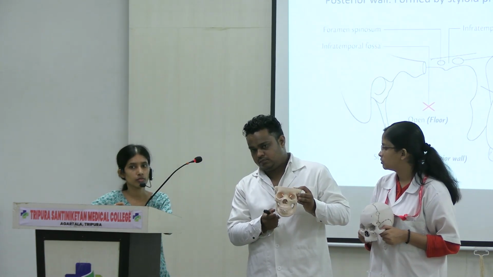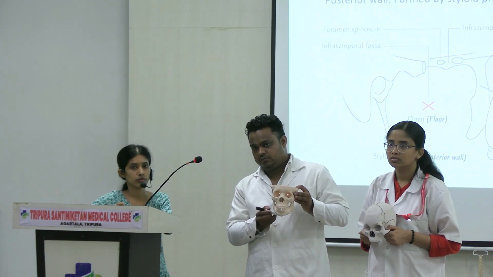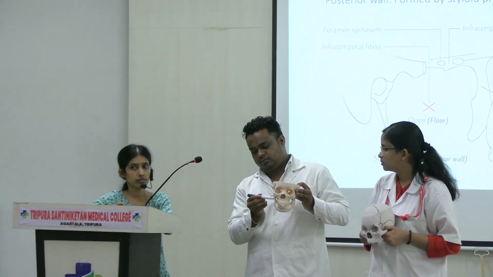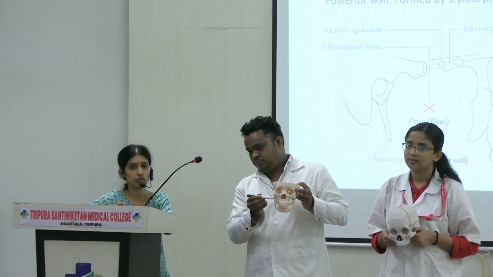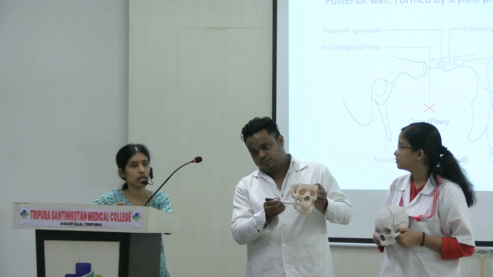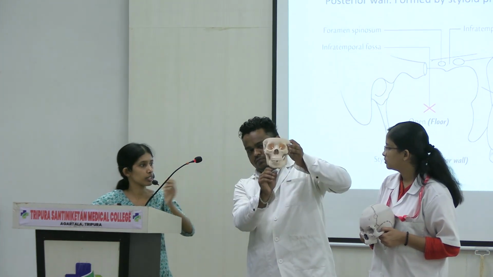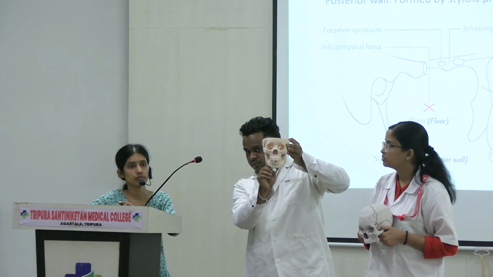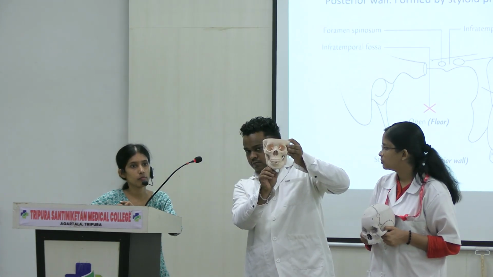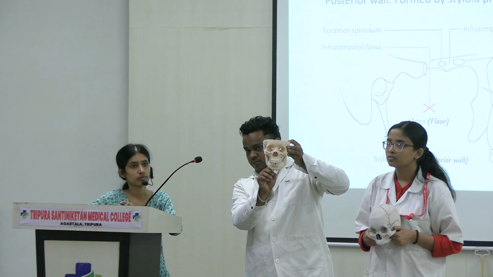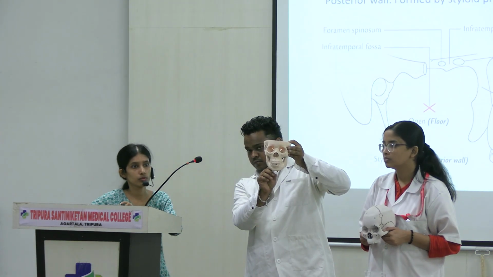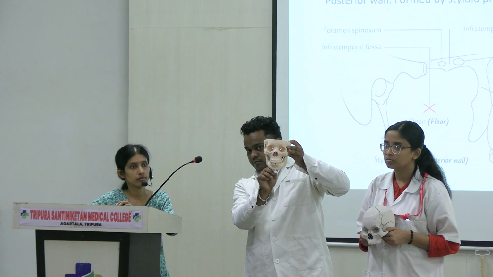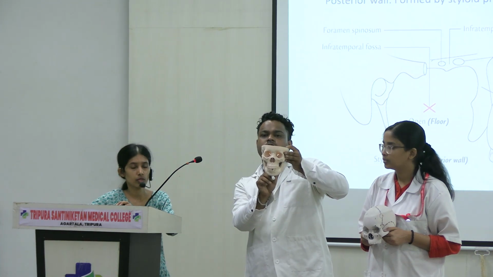No? Which one? That is the ramus of the mandible. What about the base of the mandible? Can you hold it a little up so that everyone can see? Is it right? Base of the mandible. Okay, fine.